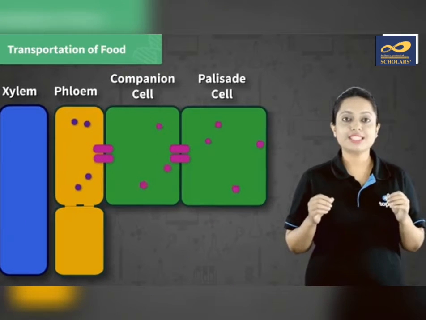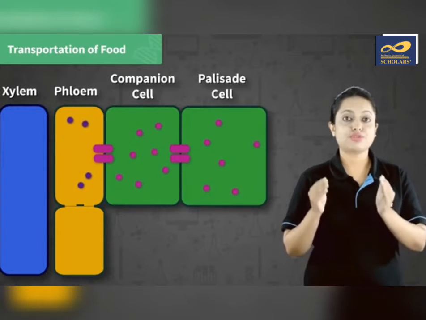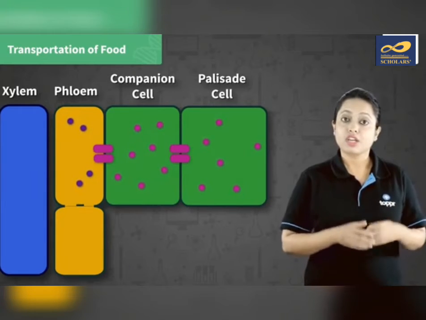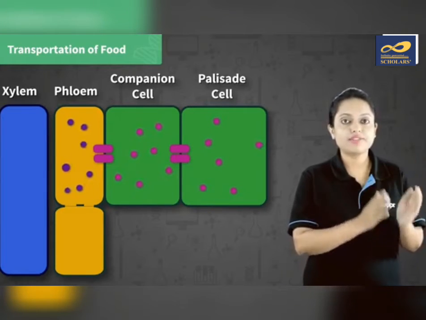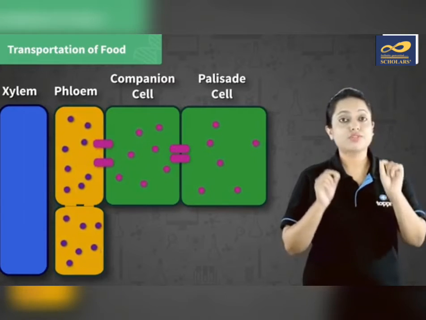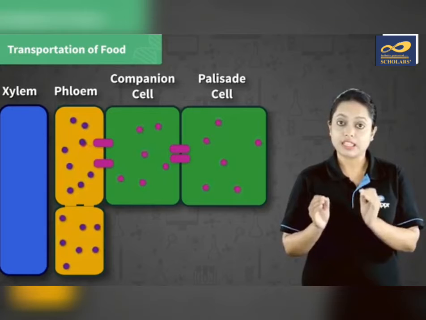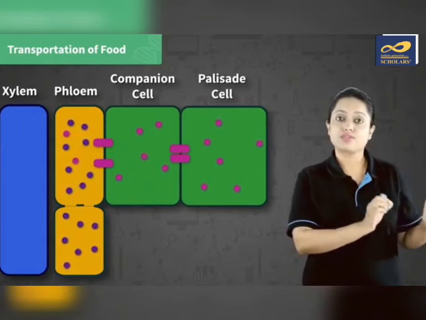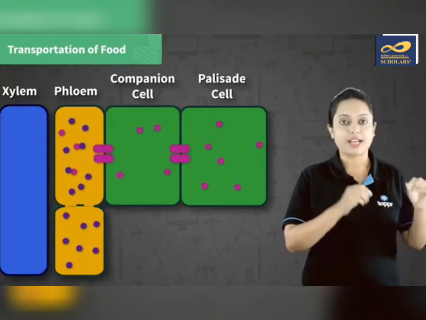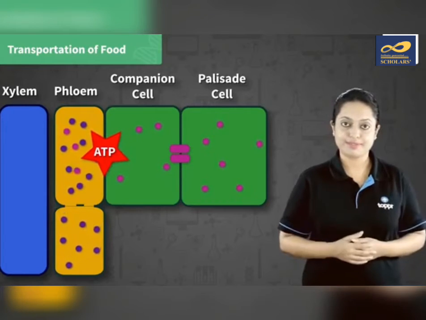Now when the food is synthesized in the leaves, it is to be transported to the sieve tubes of the phloem tissue. As these sieve tubes are already filled with food, this food is transported from low concentration in the leaves to high concentration in the sieve tubes. Thus, this transport requires energy from ATP.